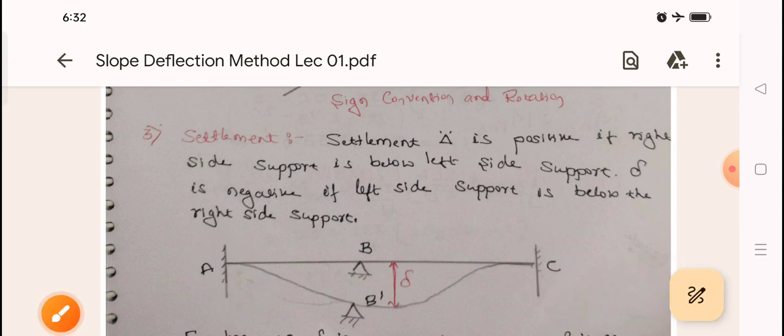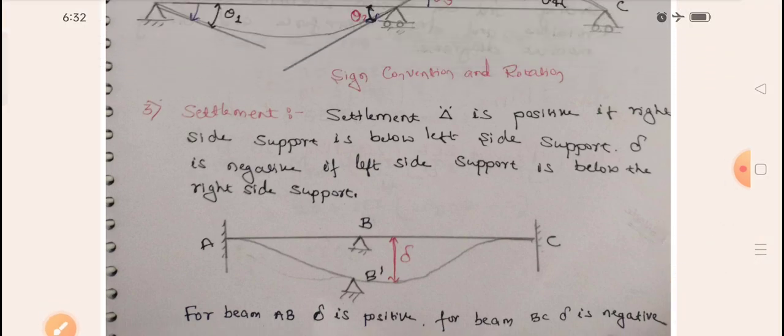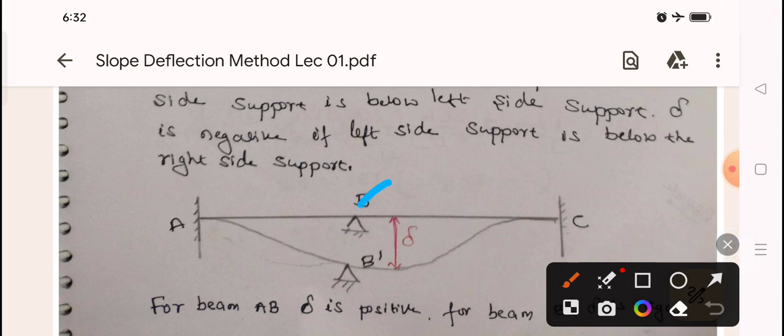Once again I will repeat: when you consider this AB span, delta value will be positive, for BC span delta value will be negative. Read the statement: settlement delta is positive if the right side support is below the left side support.